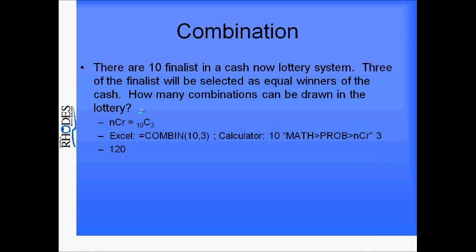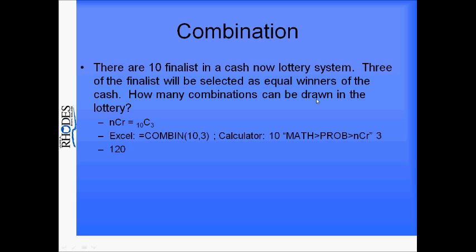You have 10 finalists in a Cash Now lottery system. 3 of the finalists are selected as equal winners of the cash. Now, right there, that tells you order doesn't matter because they're equal winners. Now, if you had a first place where they got more, that would be a permutation. But because it's equal winners, it's combinations.